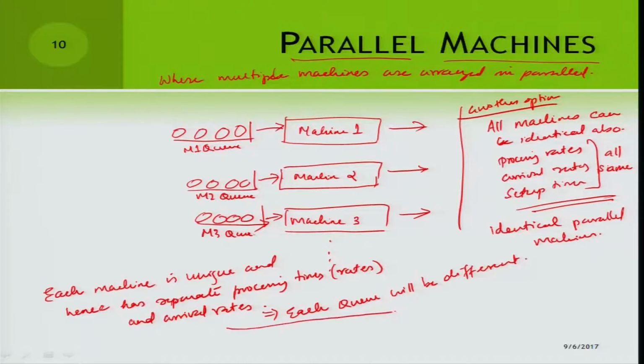The setup we just discussed is called not identical, or separate parallel. This can also be called non-identical parallel machines. If you look into this, we would have a scenario you can study again.